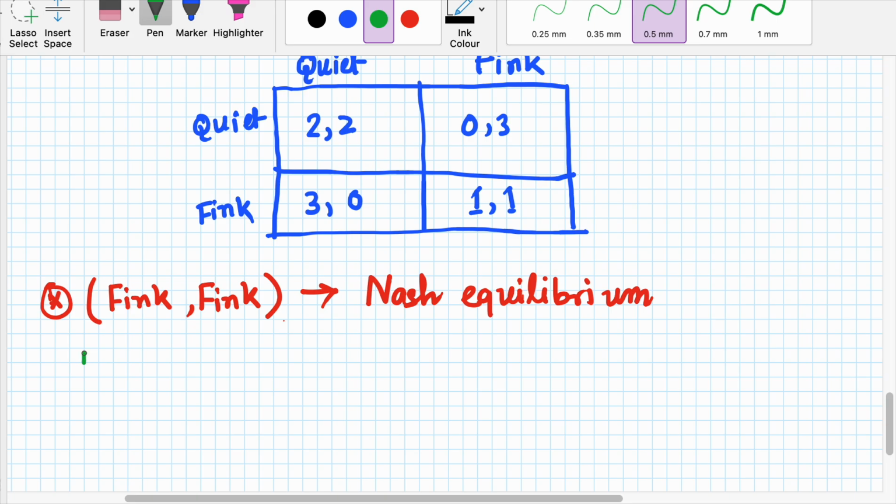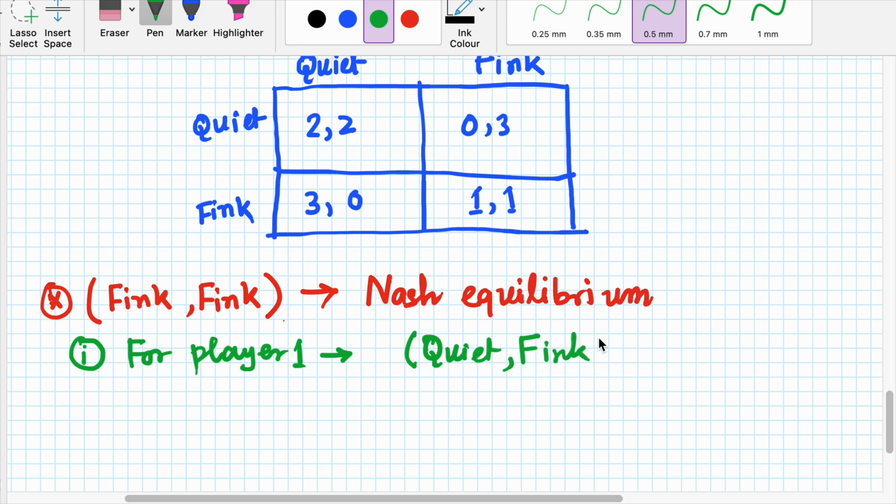If player 1 wants to change from fink to quiet, what payoff will she get? Will she gain in terms of utility?